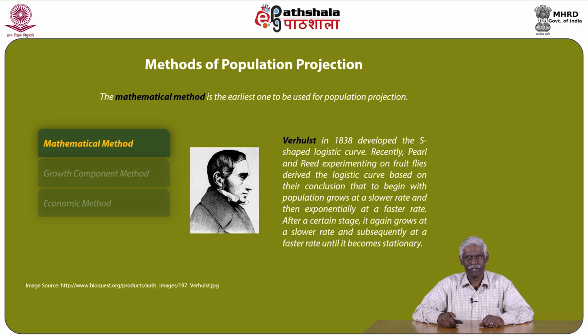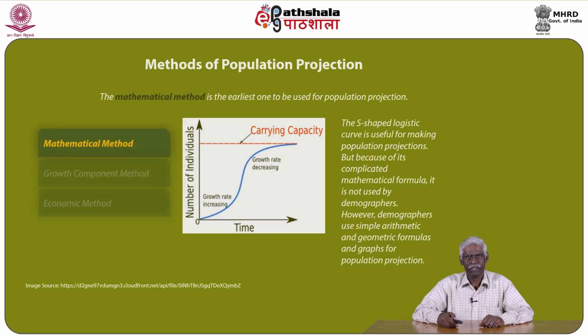After a certain stage it again grows at a slower rate and subsequently at a faster rate until it becomes stationary. The S-shaped logistic curve is useful for making population projections, but because of its complicated mathematical formula, it is not used adequately by the demographers. However, demographers use simple arithmetic and geometric formula and graphs for population projections.